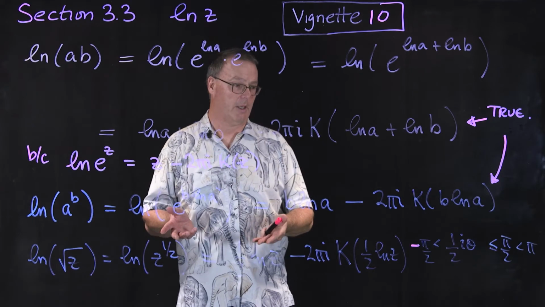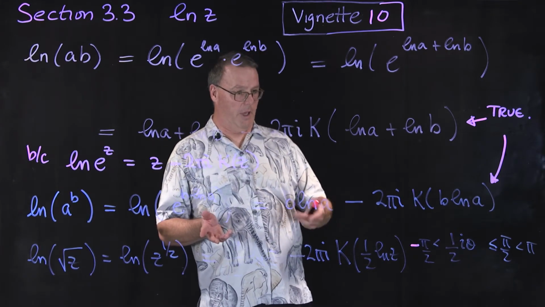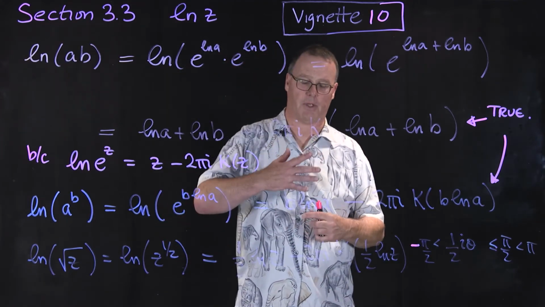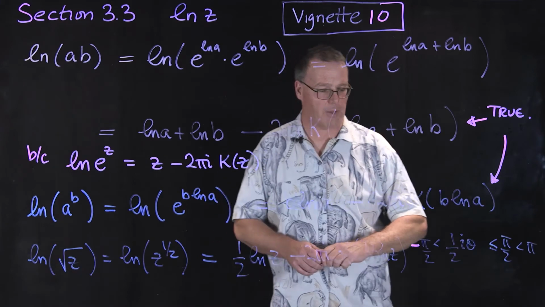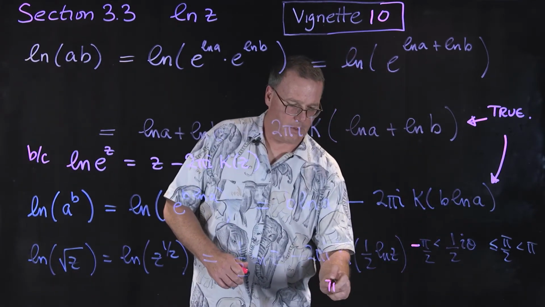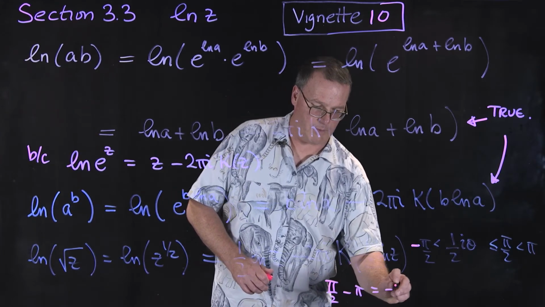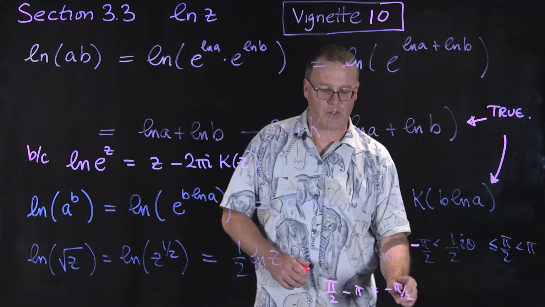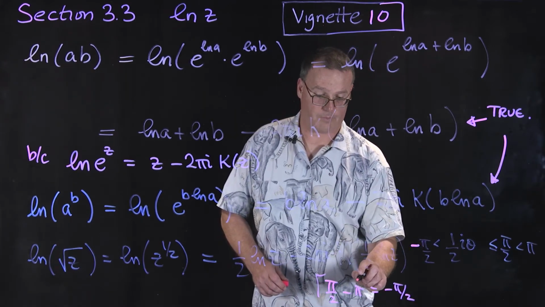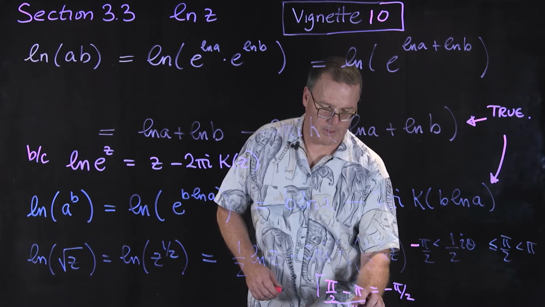Let's work it out in detail. Pi over 2 minus pi is minus pi over 2, and I've got to divide by 2 pi.